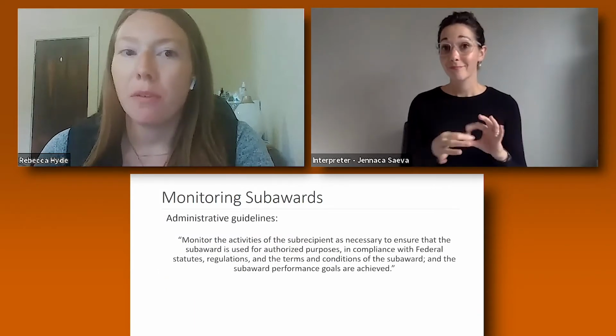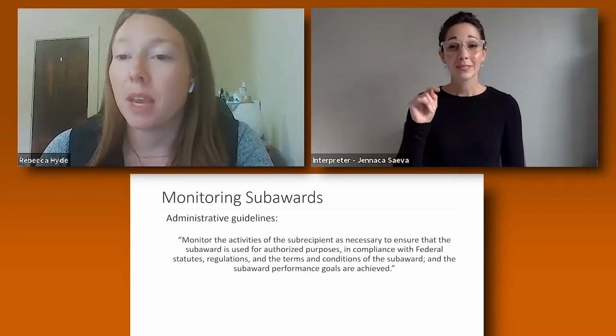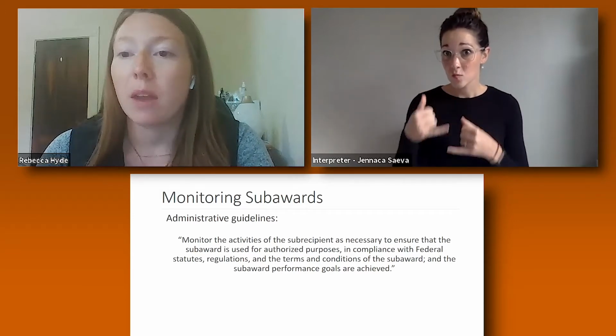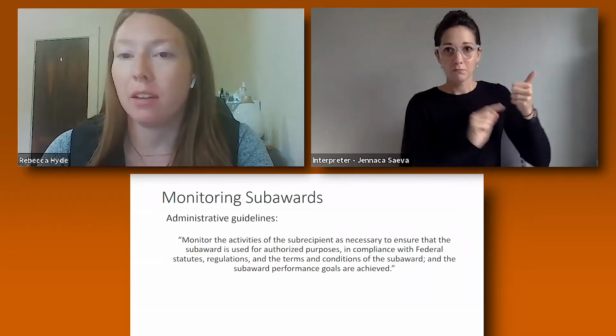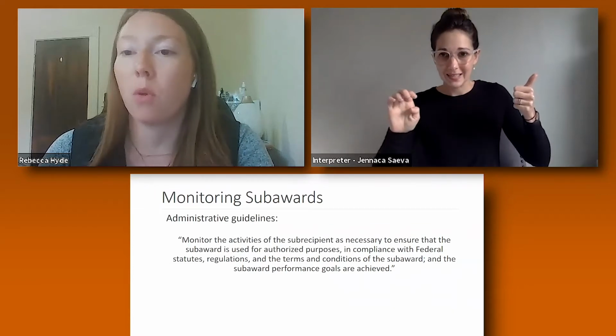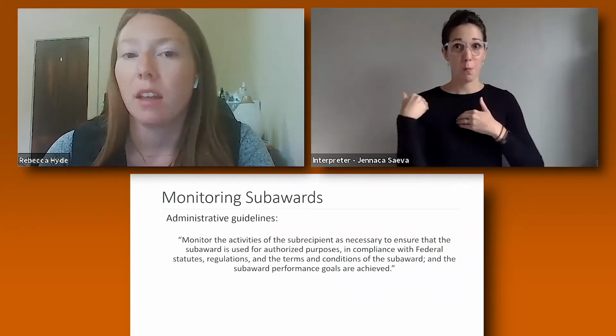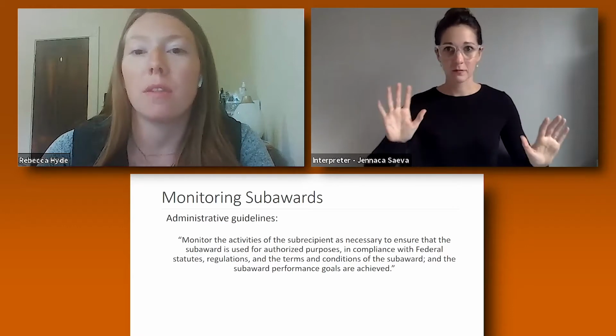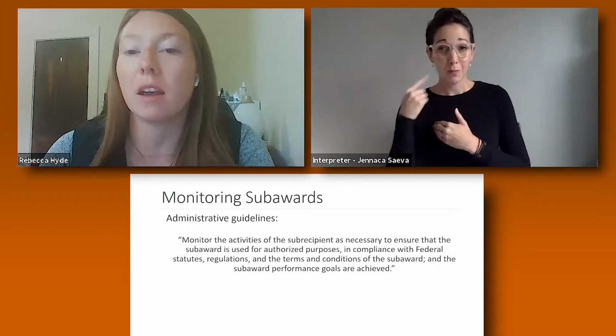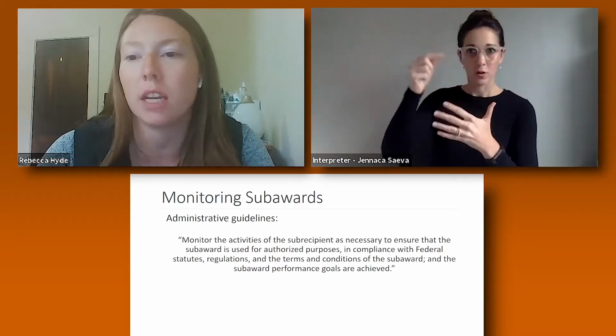So as I mentioned before, if RIT is the recipient of the award and we have a subawardee on the grant, we are still responsible for the subawardee's spending, and we're still responsible to make sure that they are in compliance with federal statutes and regulations.